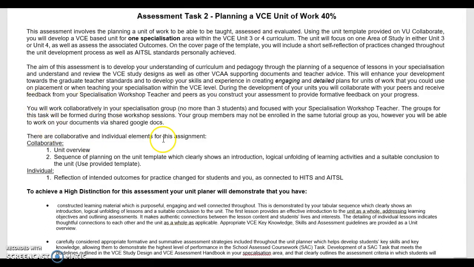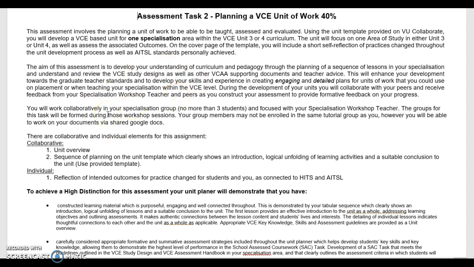So you're going to work collaboratively within your specialisation groups, and we want no more than 3 students. You're going to be focused with your specialisation workshop teacher, whom you can get feedback from and advice towards your unit.